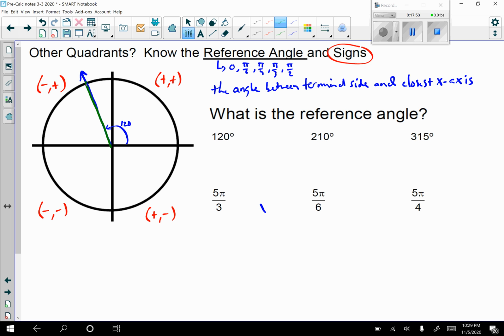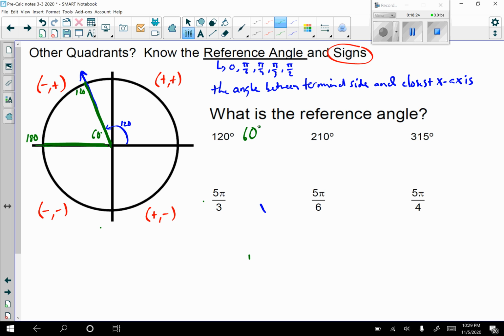Well, the closest x-axis to this would be going down to the negative side. It would be this piece of the x-axis here. So that is the angle we want to find. Well, we know we're at 120 now. The x-axis on this side where we're closest to is 180. So what's the difference between 120 and 180? That is a 60-degree reference angle. So we got 60 degrees for that first one. That's the idea behind this.